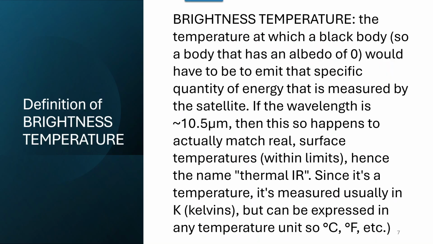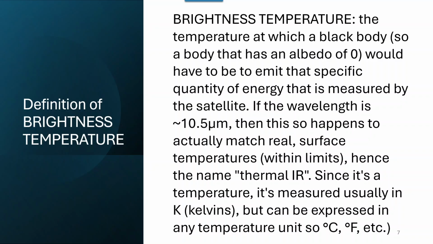Brightness temperature. The temperature at which a black body, in other words, a body that has an albedo of 0, would have to be to emit that specific quantity of energy that is measured by the satellite.